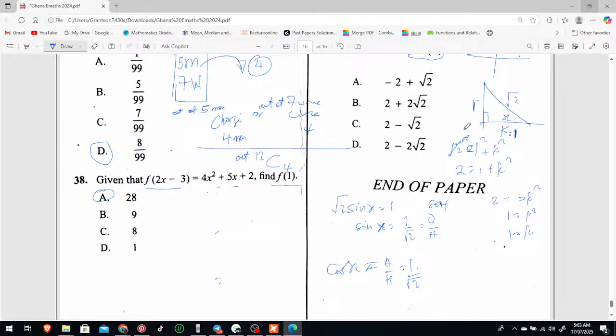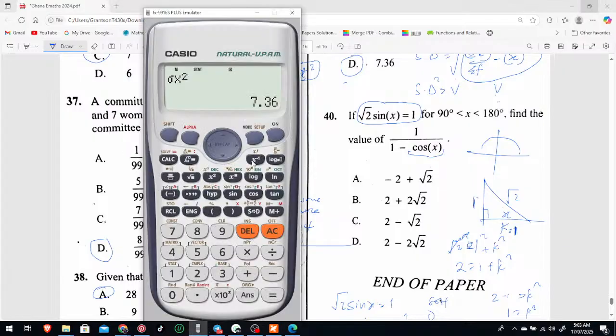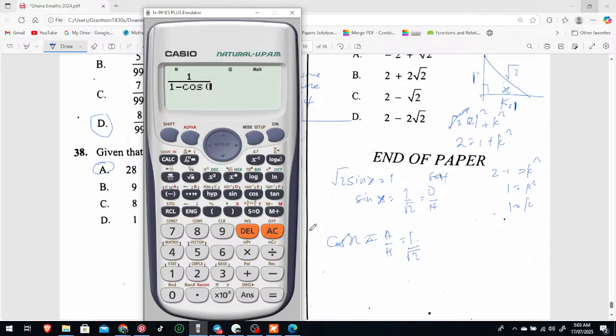Now come and put this inside this function. Press mode and press 1 to come back to your normal calculator mode. 1 over 1 minus cos x. Make sure your angle is in degrees. So cos x can be 1 over root 2, as we punch down there.